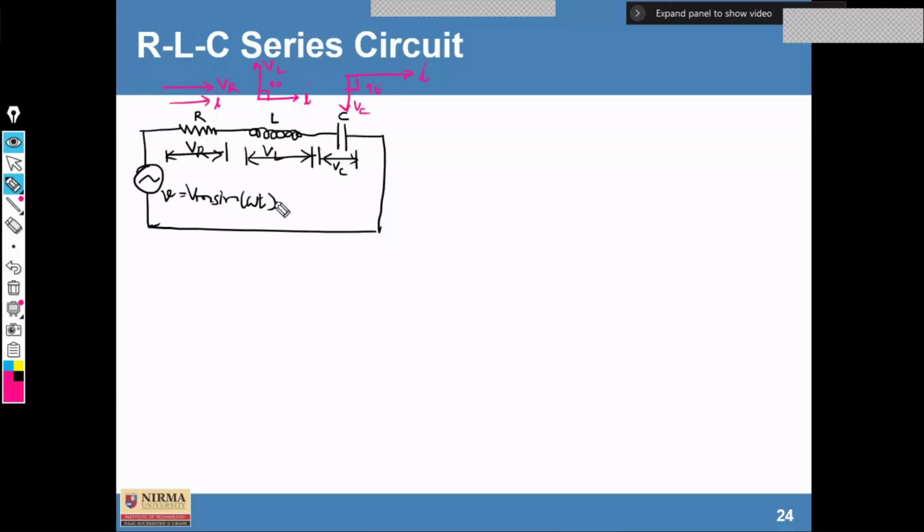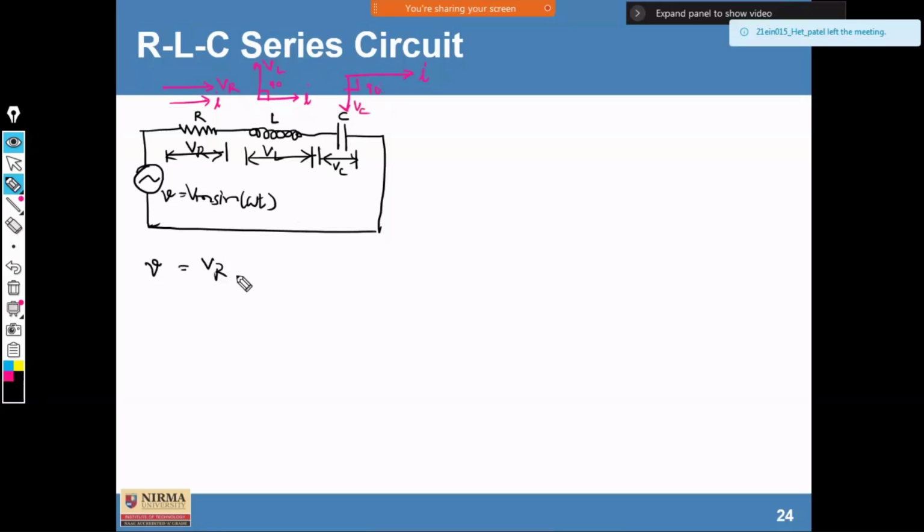So based on these three elements, the equation of voltage according to the law we can write as VR plus VL plus VC.